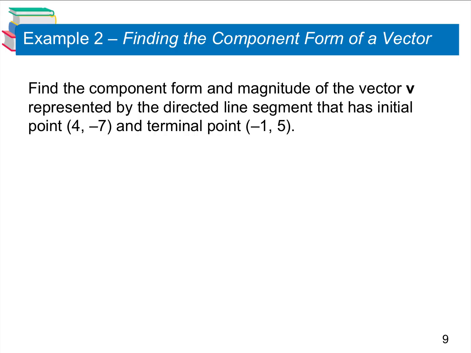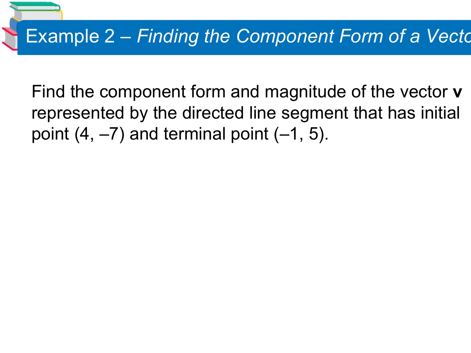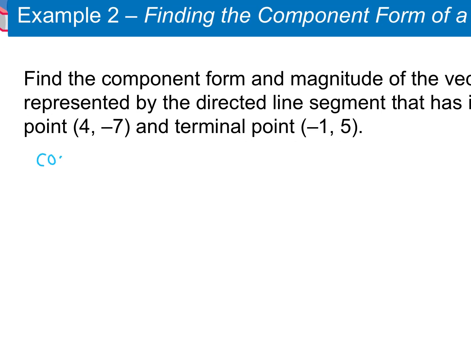All right, let's look at example 2. So we have to find the component form and the magnitude of vector v represented by the directed line segment that has the initial point 4, -7 and terminal point -1, 5. So first we're going to find component form. How do we find component form?